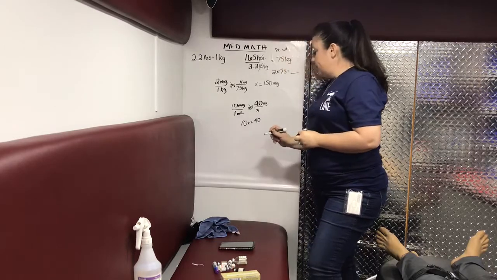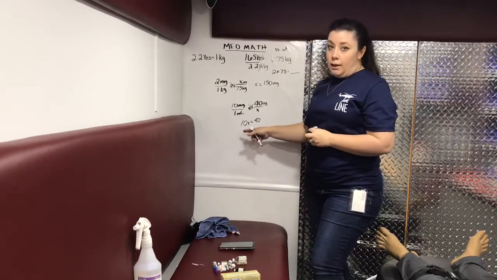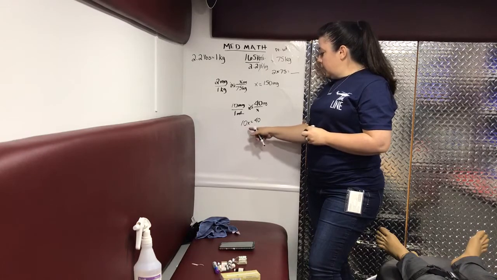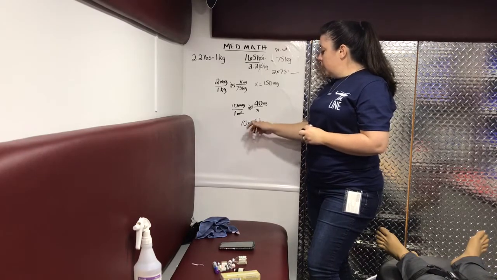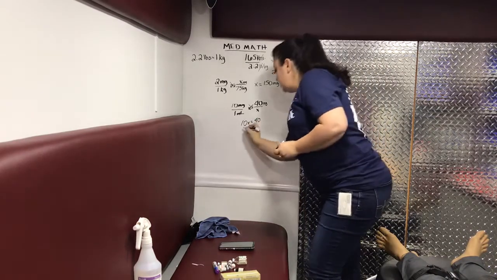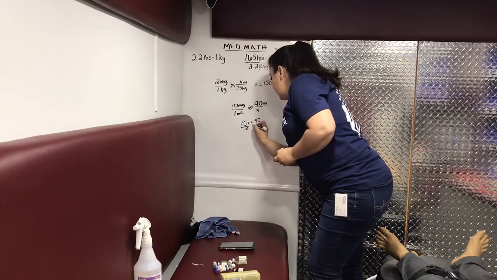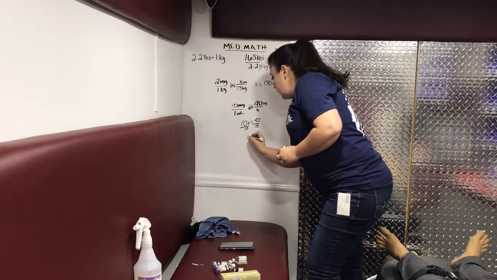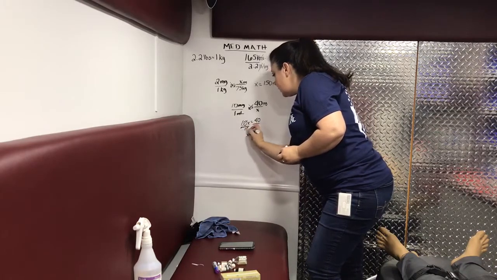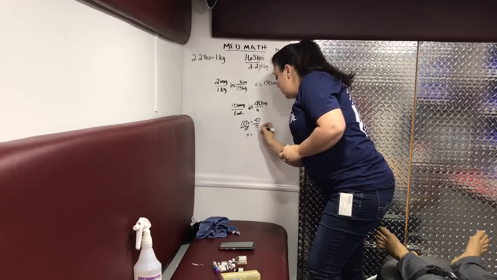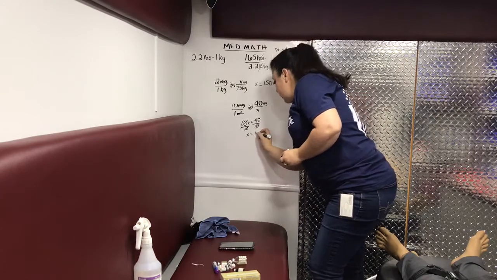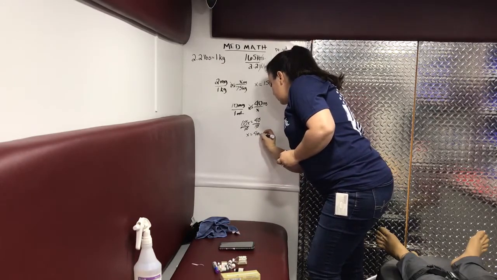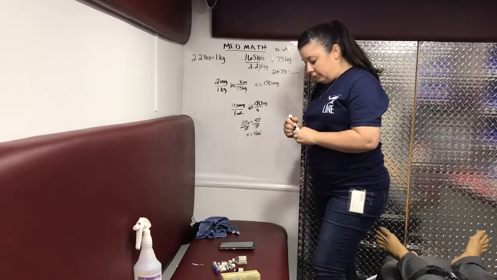To solve for x, you have to get x on one side by itself, and it's multiplied here. To get the multiplication off, we divide both sides by 10, and that gives us x. Those 10s cancel out, you can cancel your zeros, and 4 over 1 equals 4 milliliters.